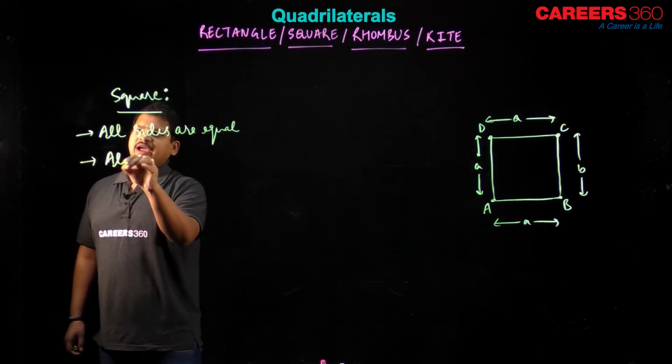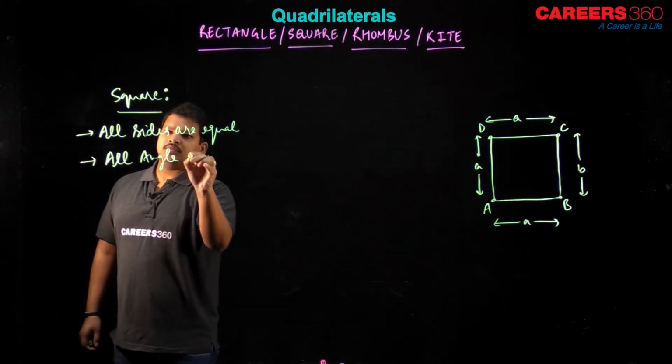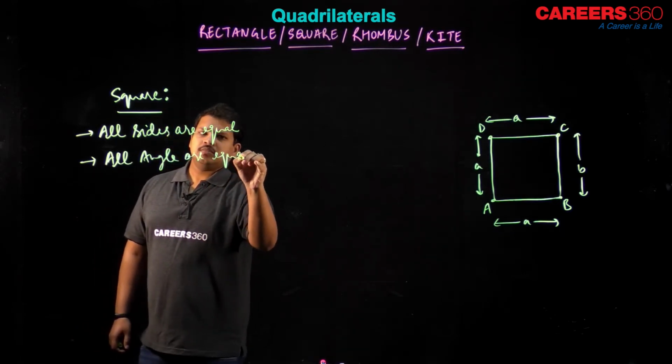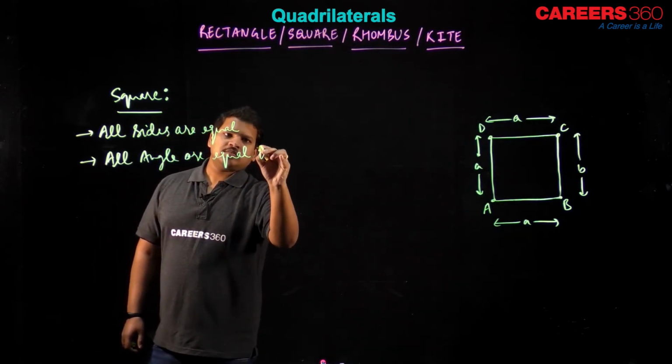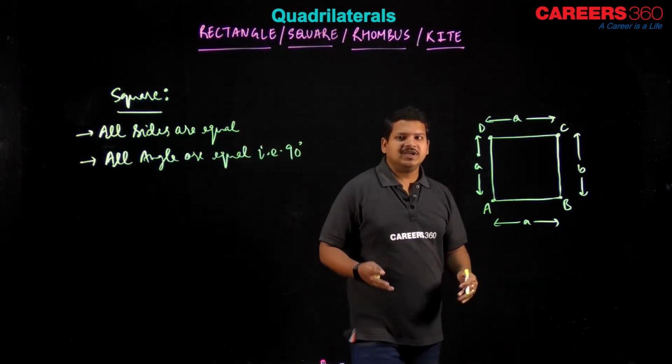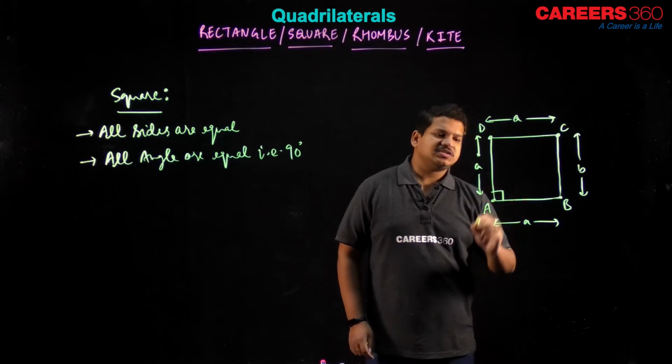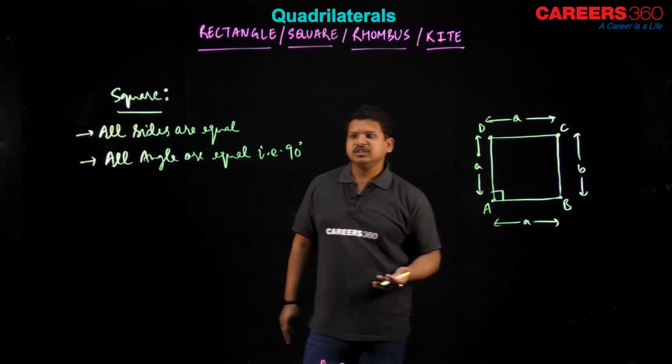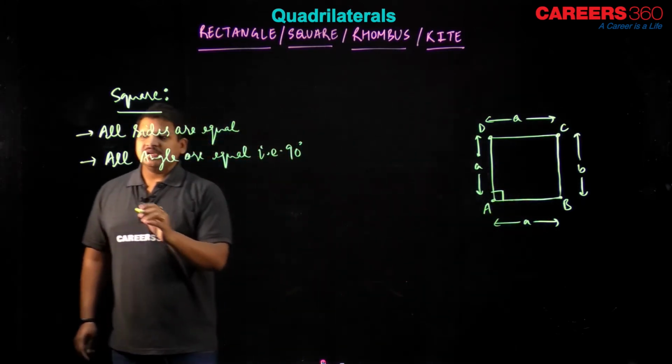Next, all angles are equal. That is 90°, because the sum of all the angles is obviously 360°. So, if all the angles are equal, then each individual angle will be 90°.